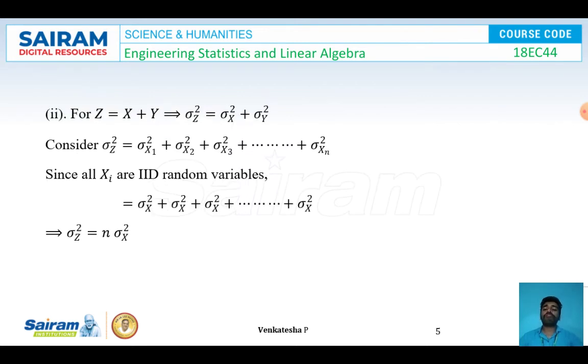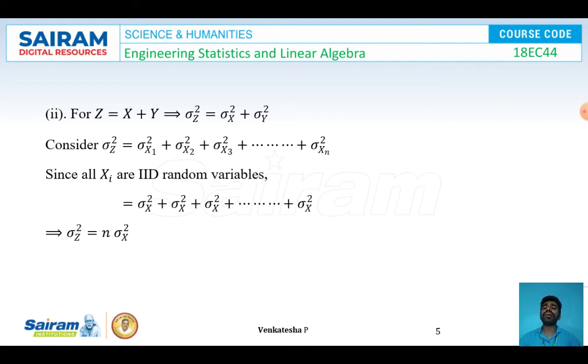Now similarly we will find the variance. To find the variance, I am going to use the same concept, that is the sum of two independent random variables. For z is equal to x plus y, we have variance of z is equal to variance of x plus variance of y. So now I am going to rewrite the sum of IID random variables as variance of z is equal to variance of x1 plus variance of x2 plus variance of x3 plus etc plus variance of xn.